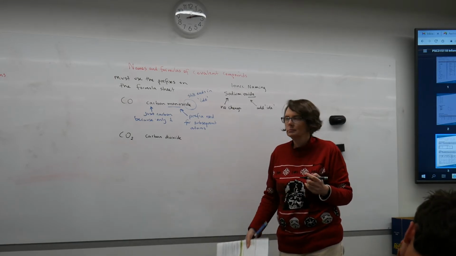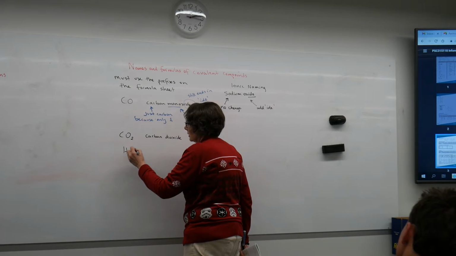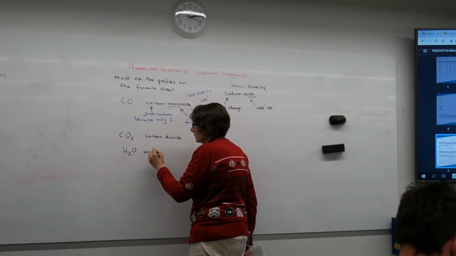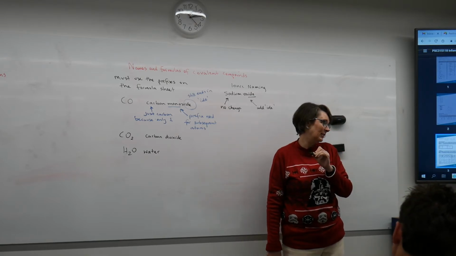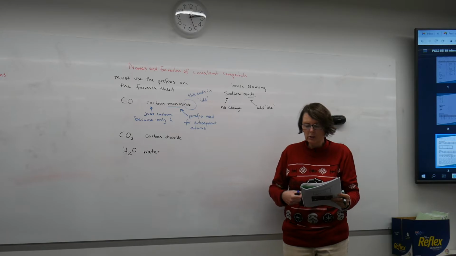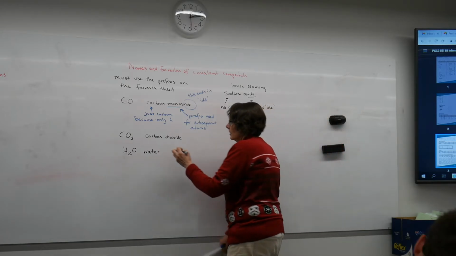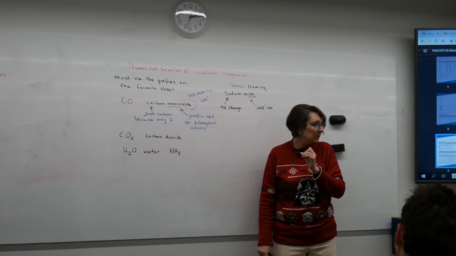We have some common names. This is called water. Okay, you don't need to use any other name than water for that. It's a common name. We already know the common name for this one as well, don't we?